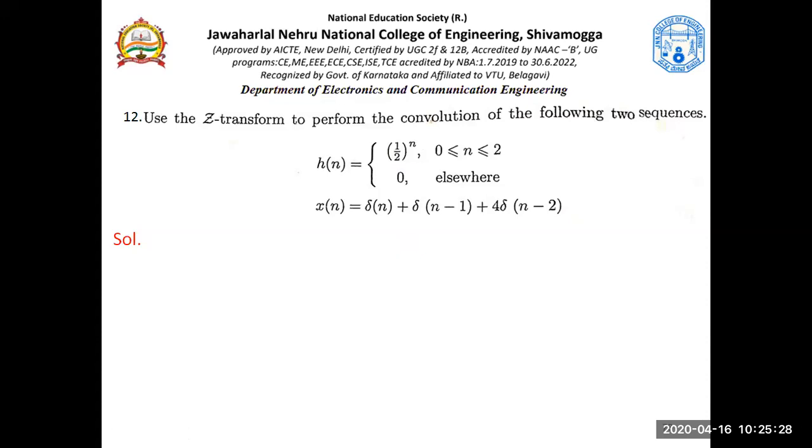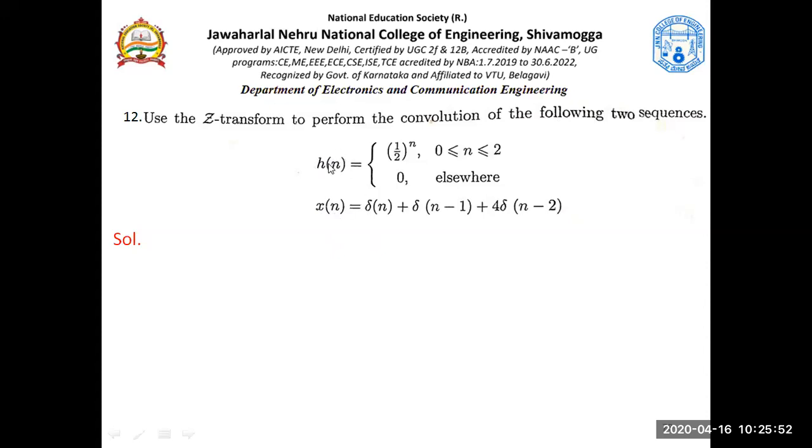So what they've asked is to obtain the convolution of this. In time domain, that is quite difficult and we don't know that as of now. So what shall we do? We shall obtain the Z transform of this and the Z transform of this, and in Z domain it would be a multiplication. That is what we are going to see.